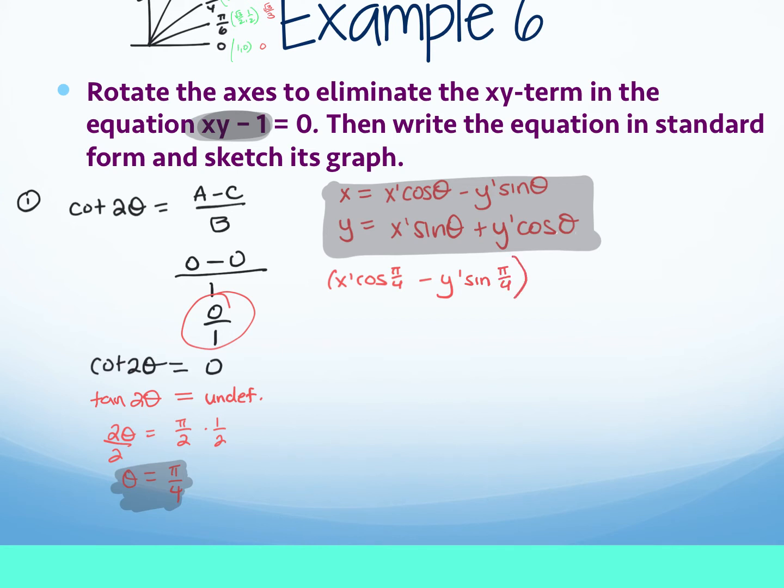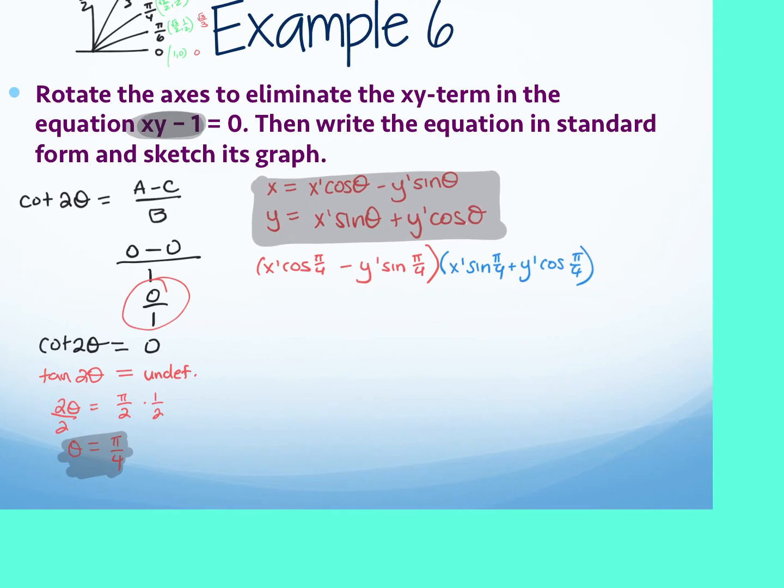Everywhere there's a y, I'm going to put x prime sine of pi over 4 plus y prime cosine pi over 4. Minus 1 equals 0, because that's the end of my equation. With me so far? So everywhere there was an x, we plugged in this with our value of theta, because we know that. And then everywhere there's a y, we plug in this with our value for theta, because we know that.